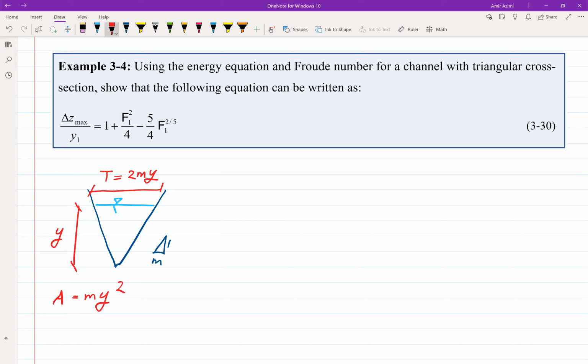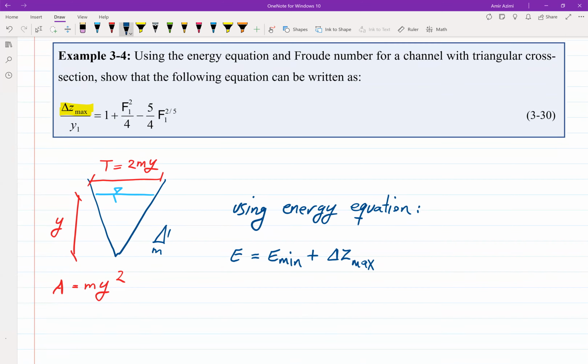So we want to find the relationship between delta Z max and Froude number in section 1. So we want to know how we can develop this relationship. So using the energy equation, E1 is equal to E minimum plus delta Z max.